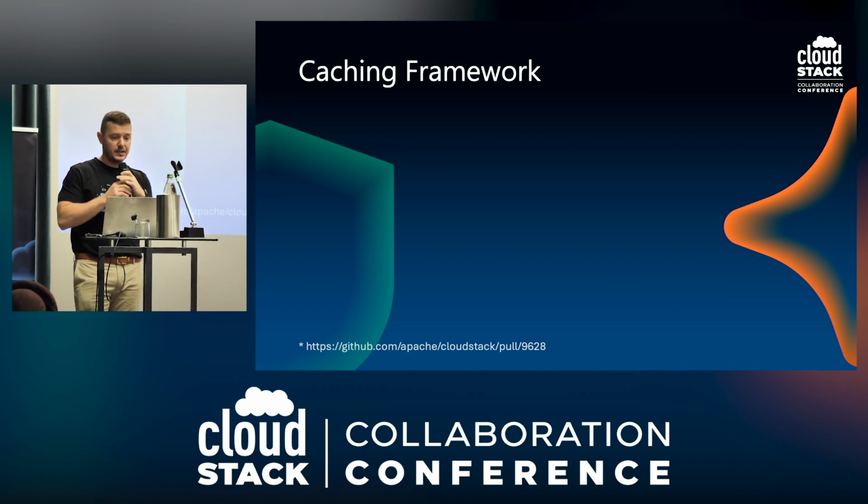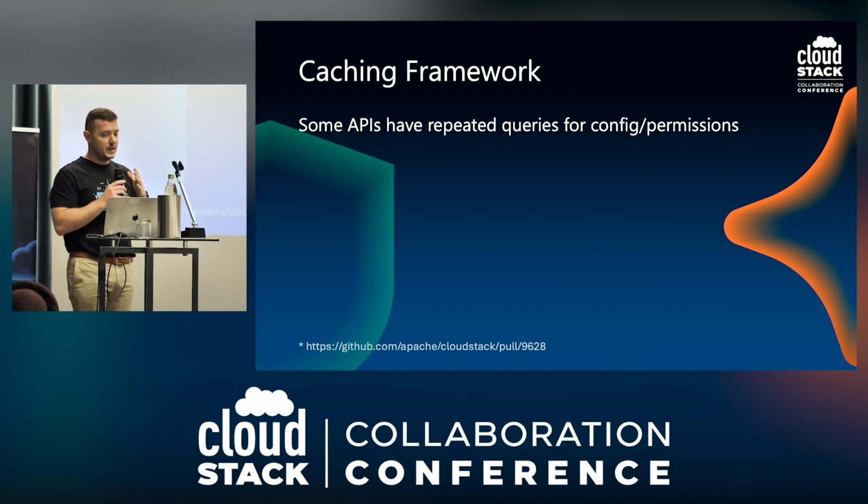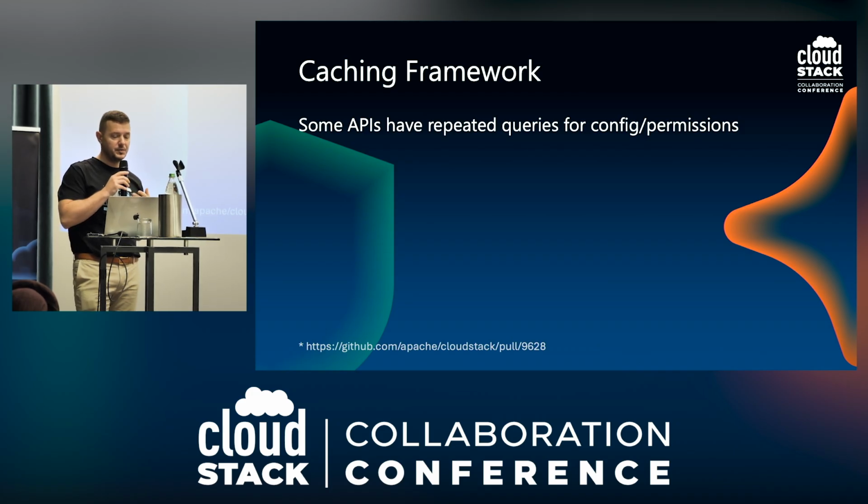API caching has always been an idea, but we worked on that in the last year. So what's the actual issue? Some APIs have proven to be a bit slow, and the reason for that is that they do some repetitive actions, like they go to the management server and ask for permissions, and then they execute something.